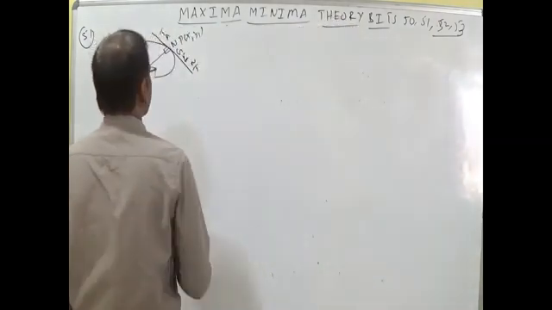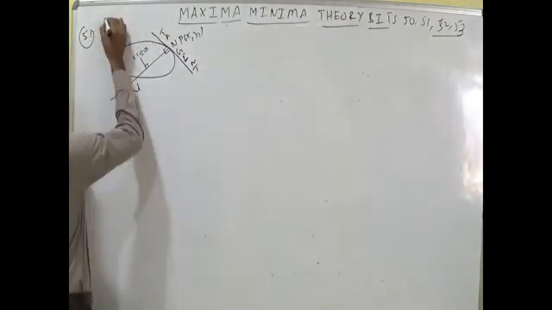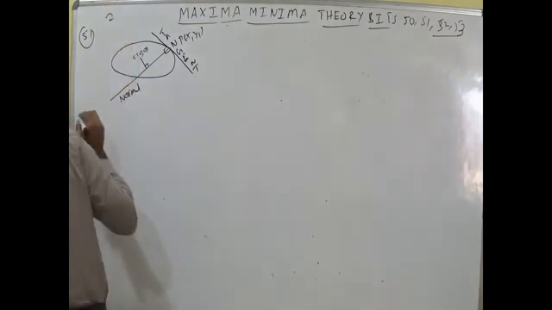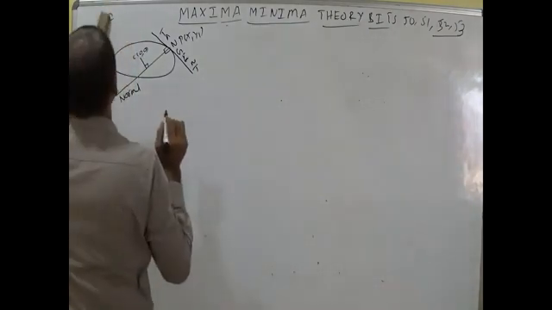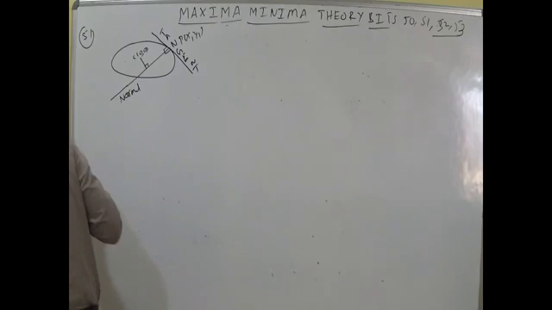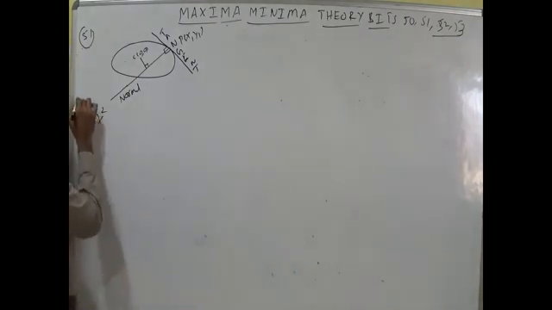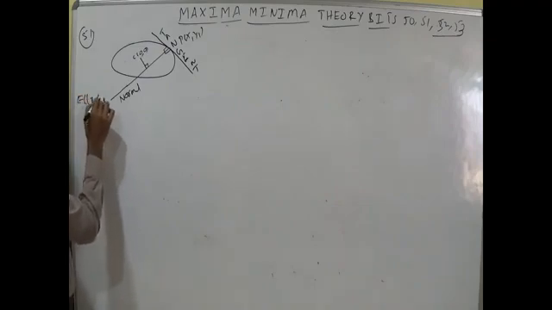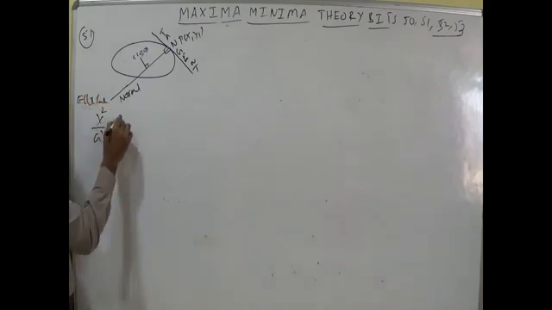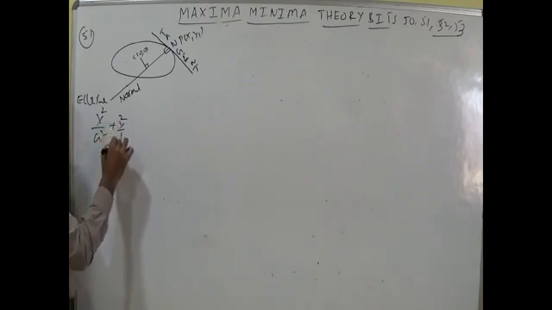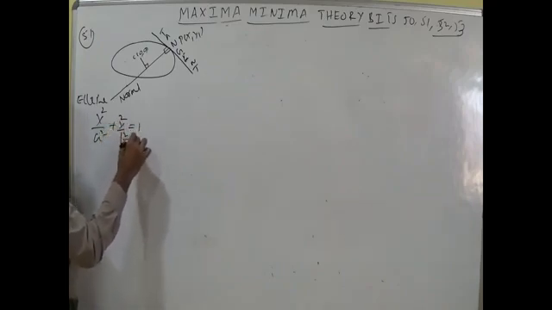P (x1, y1) is there on the ellipse. The ellipse standard equation is x square by a square plus y square by b square is equal to 1.